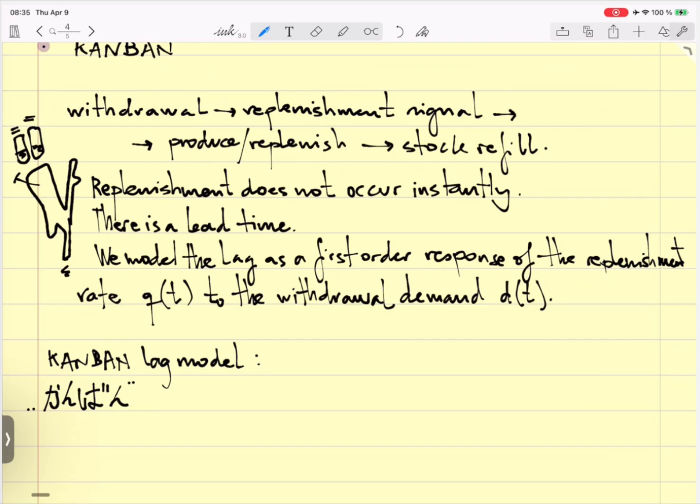Okay, the Kanban lag model is: some time response, tau, times the first derivative of the replenishment rate, plus the replenishment rate, equals the demand.